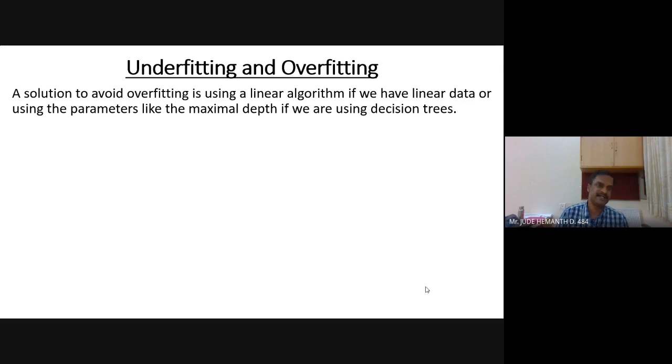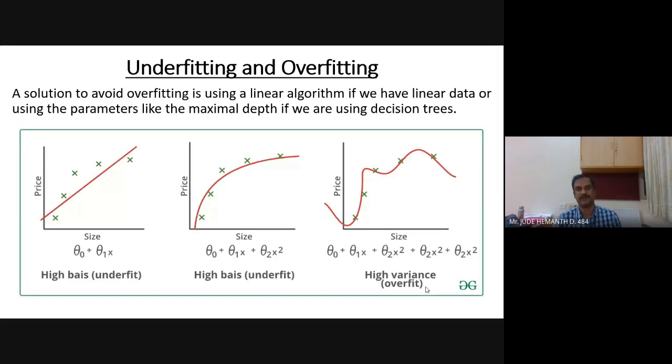If we have linear data, or use parameters, for example in a decision tree based algorithm, we have a concept called maximal depth. If we set the parameters correctly, or if we have linear data, then we can avoid overfitting to some extent, or we can reduce the amount of data if we want to avoid overfitting.